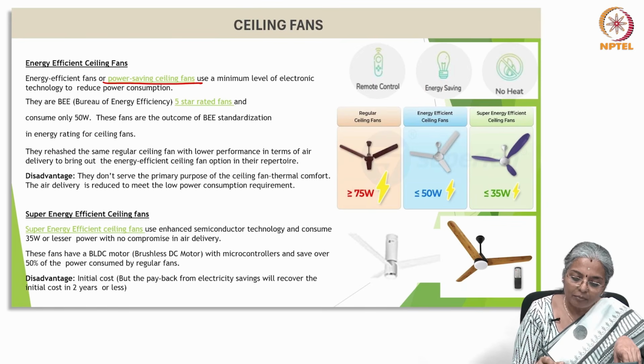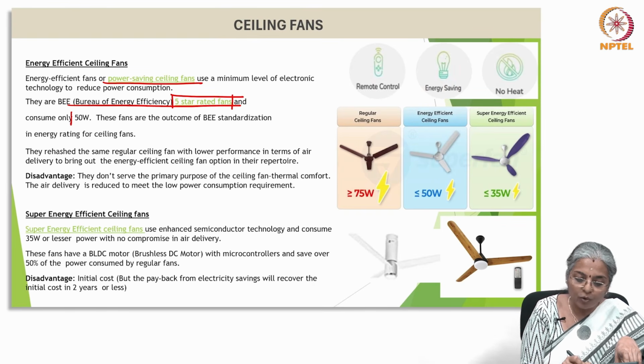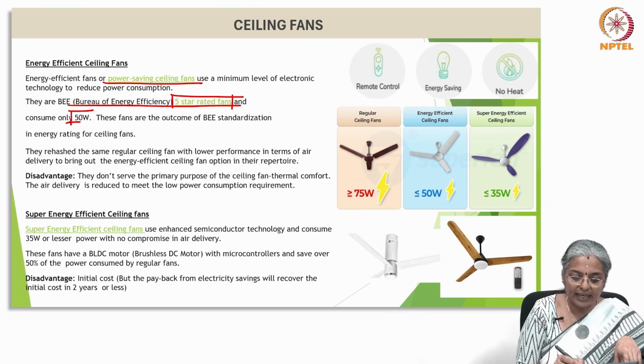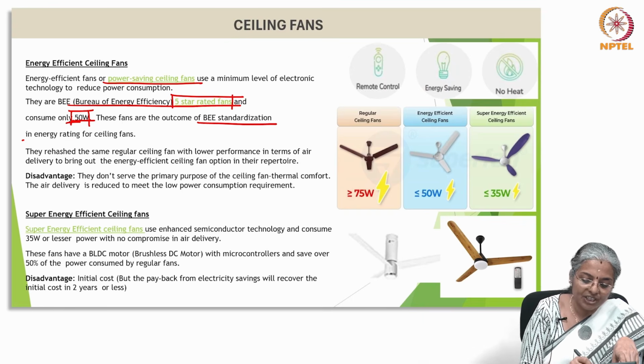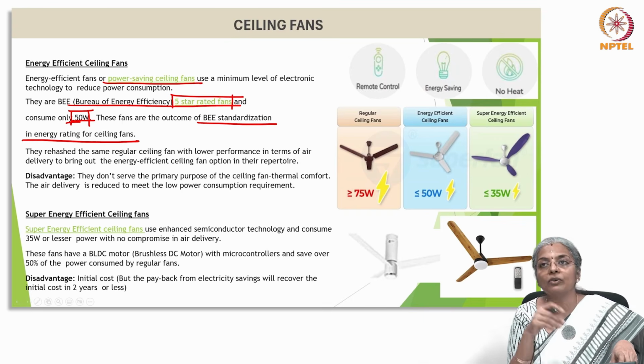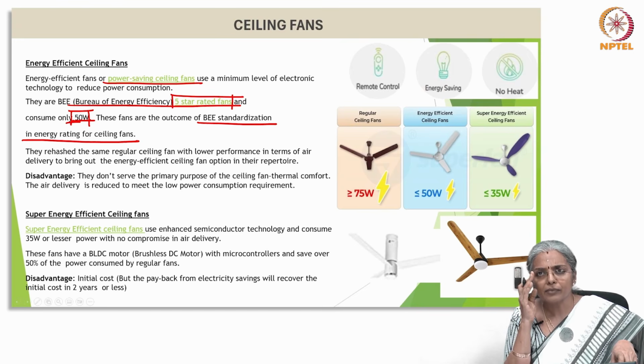They are Bureau of Energy Efficiency 5-star rated fans and consume only 50 watts of electricity. These fans are an outcome of BEE standardization in energy rating of ceiling fans.